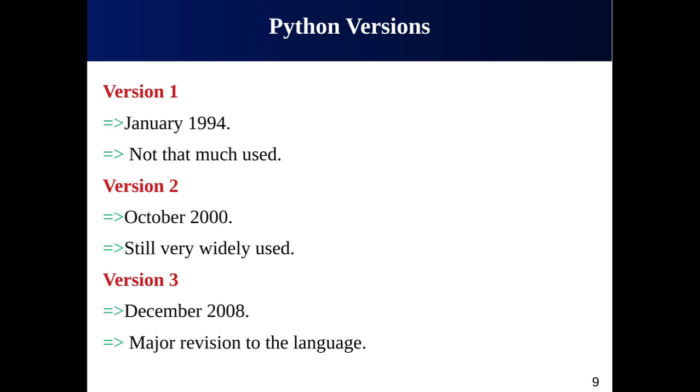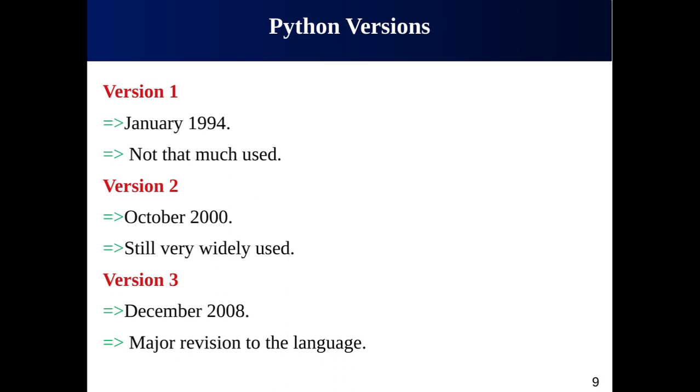Well, we have different versions of Python. Initially, we had version 1, which was released in January 1994, and then subsequent releases like 1.2 in 1995. At that time, the creator of the language was working with CWI, and then followed another version 1.4, and so on.